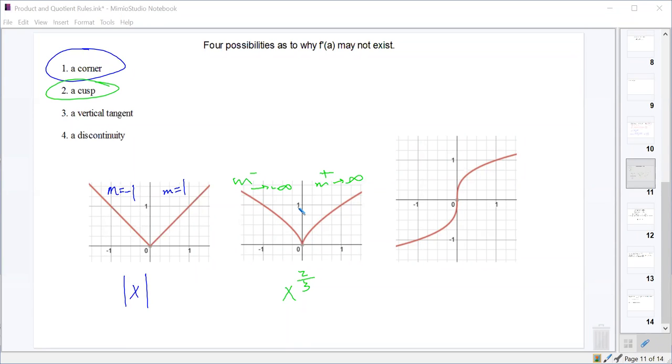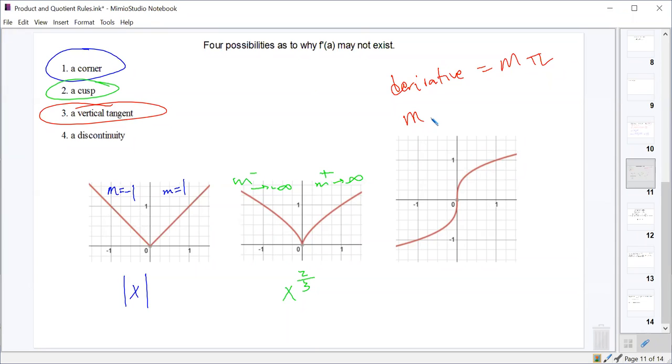All right. And then the third one, a vertical tangent. Well, what is a derivative? A derivative is the slope of the tangent line, right? Isn't that what we've been talking about all this time so far? That the derivative is the slope of a tangent line?